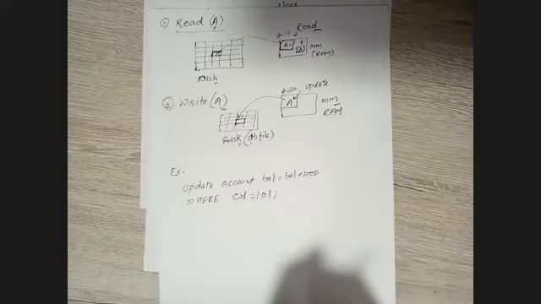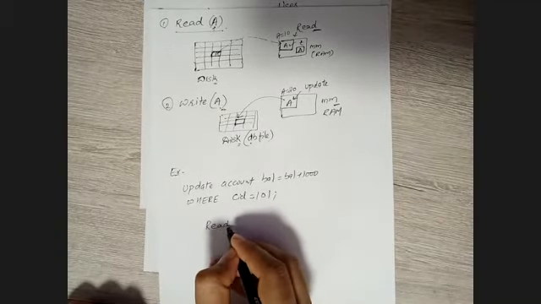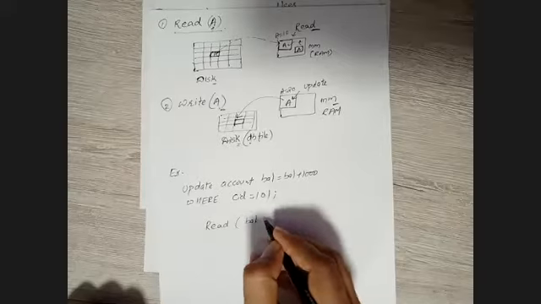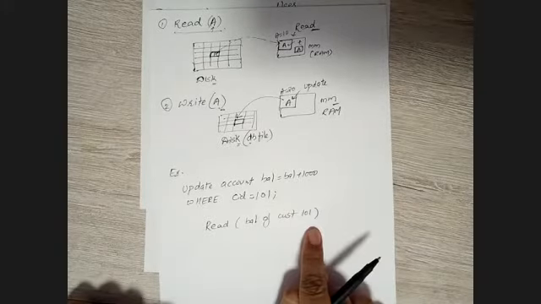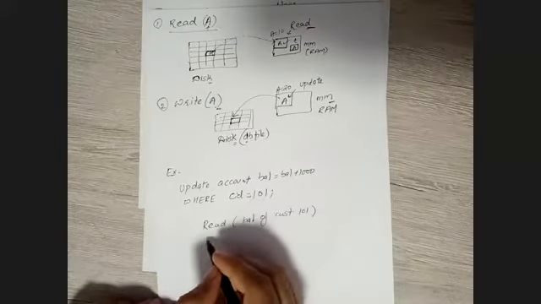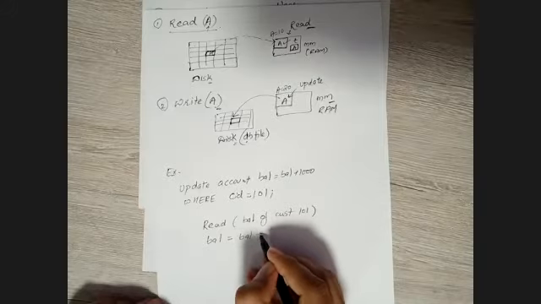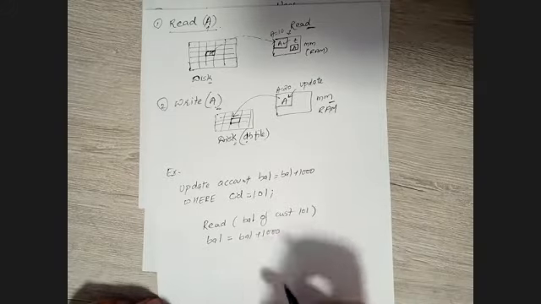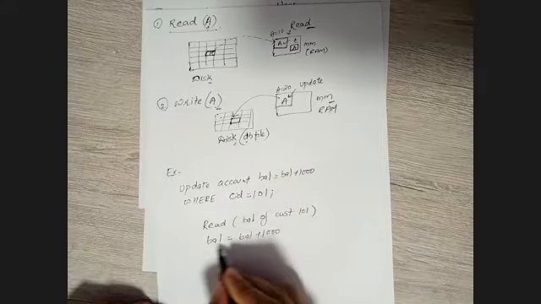So how do we write this as part of a transaction? First we will read the balance of customer 101. First we will read what is the current balance in the customer's account. Then we perform the updation operation, that is we write some values. For example, we want to update it to balance plus 1000. After performing this, we write back, meaning whatever updation we have done will reflect back over here.